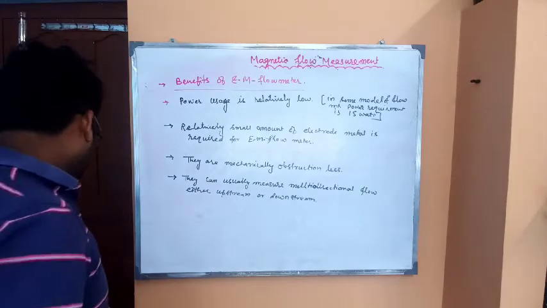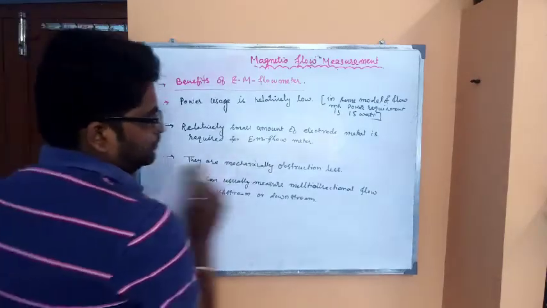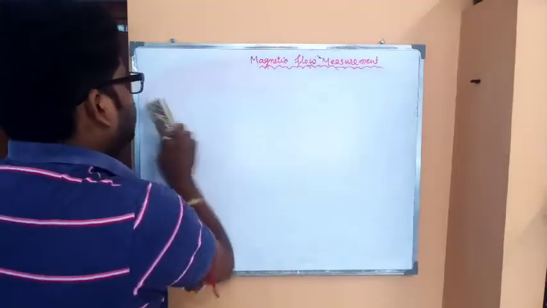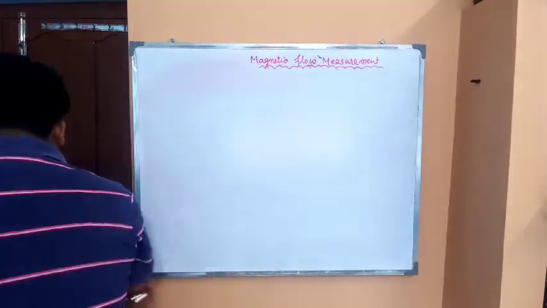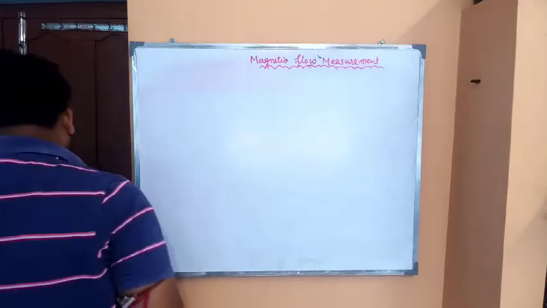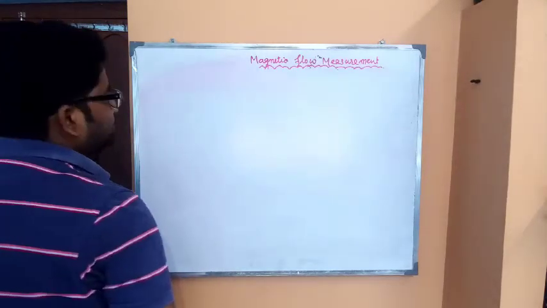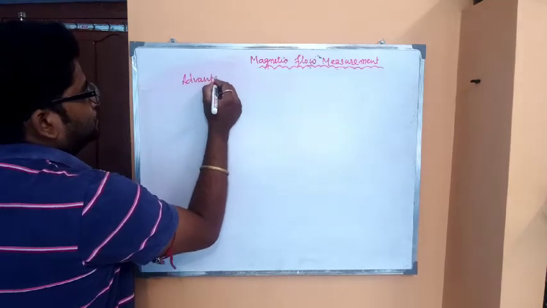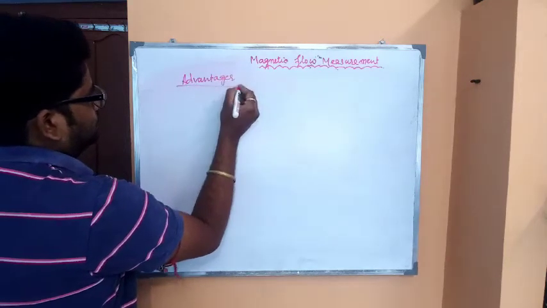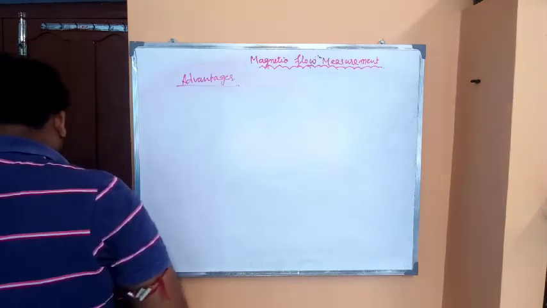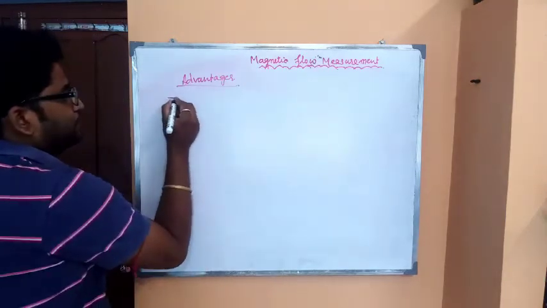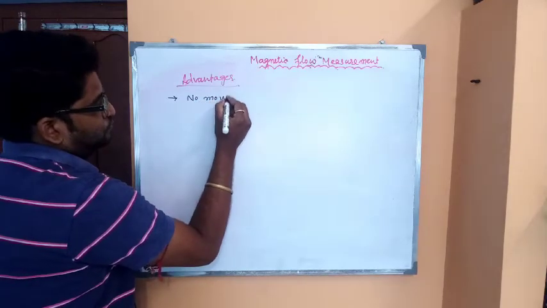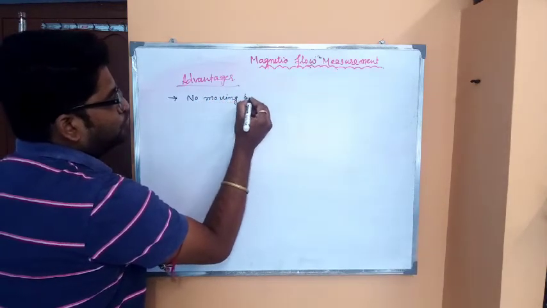Now what are the advantages? Advantages of electromagnetic flow meter. First thing is no moving parts.